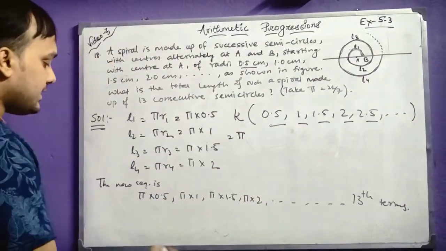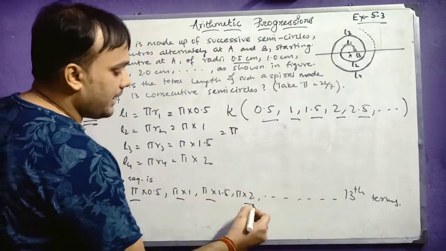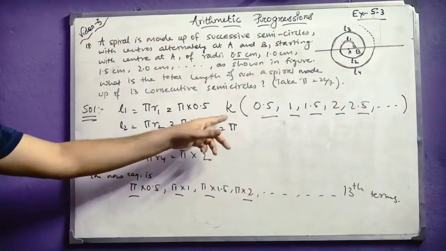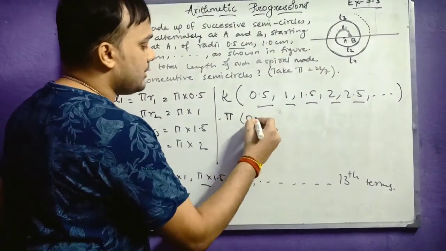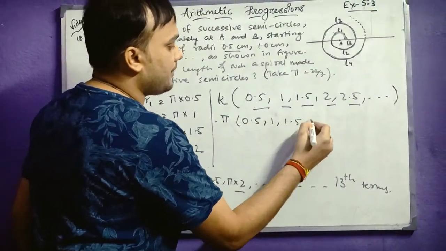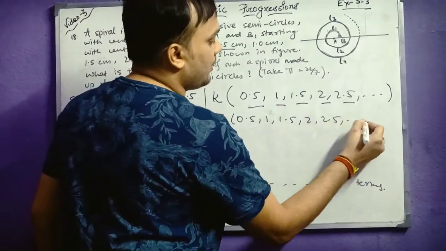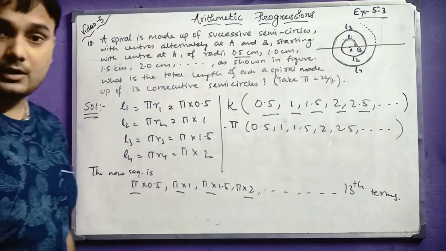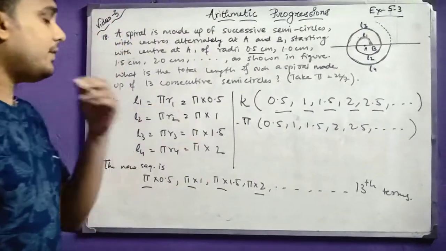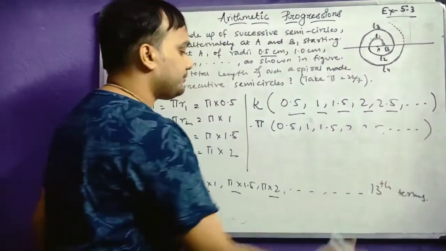As you can see, pi is common in every term, so that sequence is pi into 0.5, 1, 1.5, 2, 2.5 dot dot dot. This will also be an AP only. So we have to find this answer.